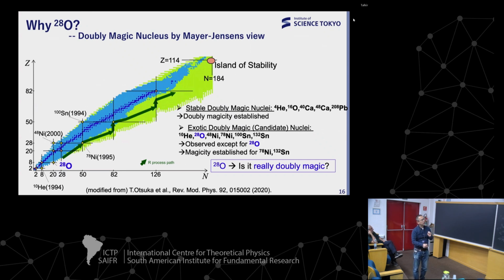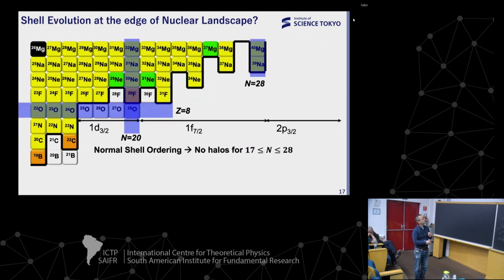Second, we would like to see if it is really doubly magic or not. Let's see. If you look at this region of the nuclear chart, this is Z equal 8, this is N equal 20. So this is really the crossing point, oxygen 28, if we believe the normal shell ordering, right?